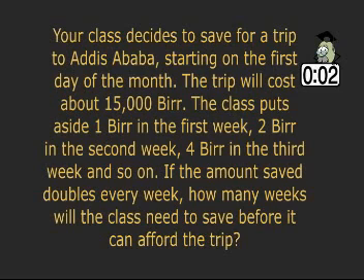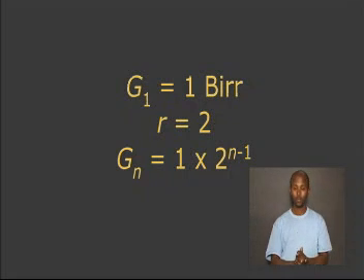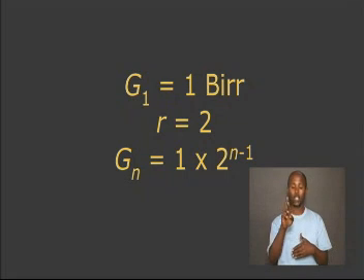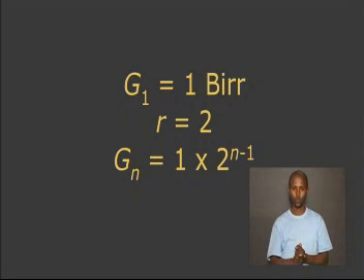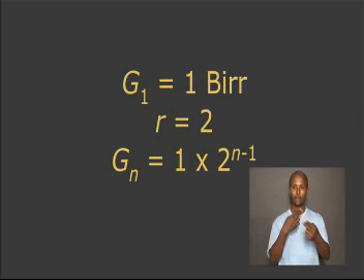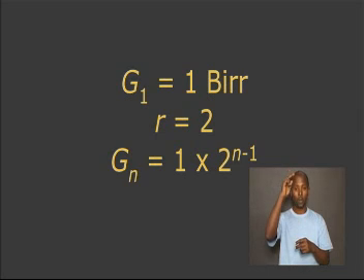Time's up. Let's get back to our lesson. Welcome back, students. Were you surprised by your answer? G1 is 1 birr, and the ratio is 2. Therefore, Gn is 1 times 2 to the power of n minus 1.